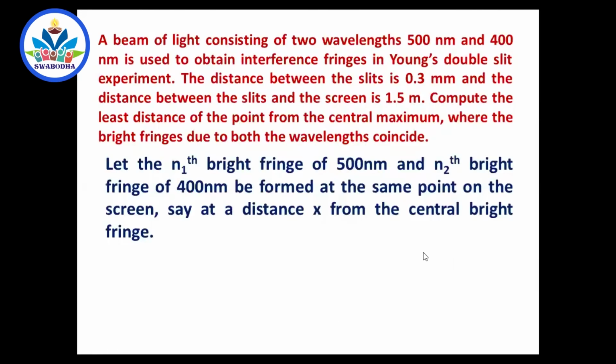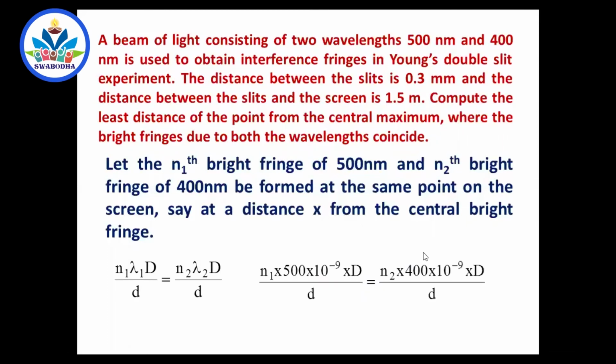If I continue it in the problem, n1 lambda 1 D by d must be equal to n2 lambda 2 D by d, and capital D by small d actually gets cancelled. But if you want to find out what the n1th and n2th fringes are, substitute the values. n1 times 500 nanometer into D by d is equal to n2 times 400 nanometer into D by d.